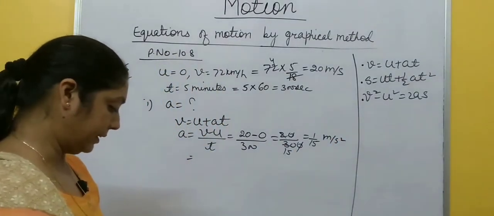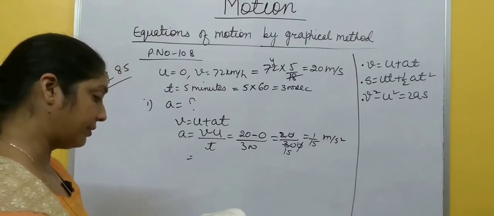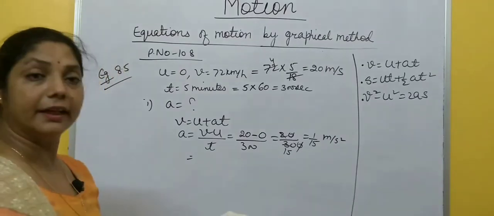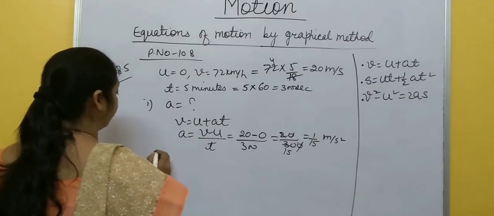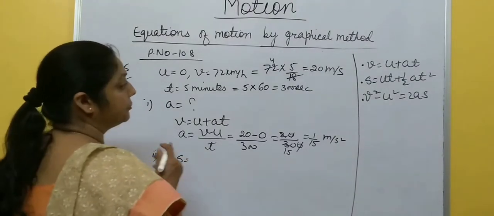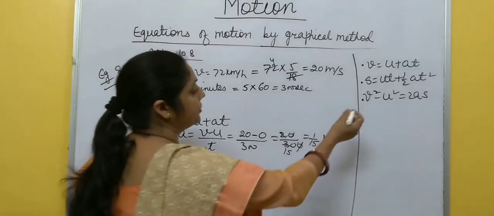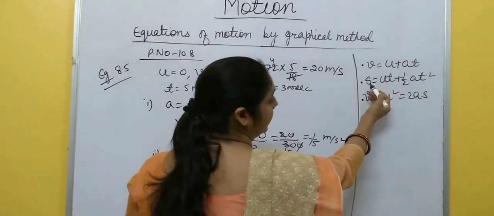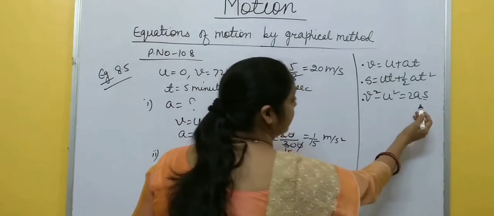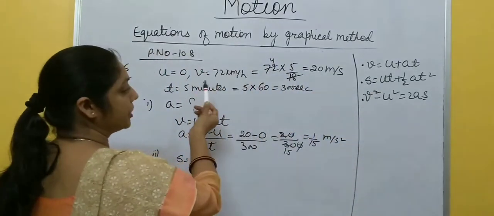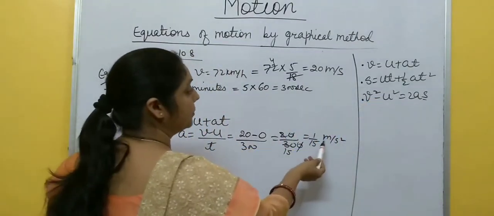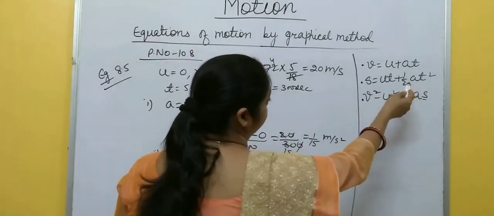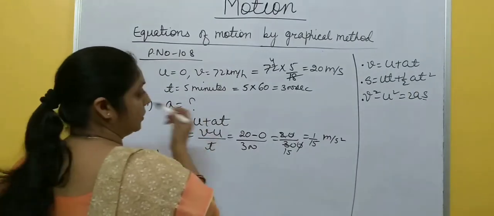And in the second part, you have to find the distance traveled by the train for attaining this velocity. To find distance, you have to use any one formula. Here also S, here also S. But what is given in the question? You know initial velocity, acceleration you also know, and T is also given.